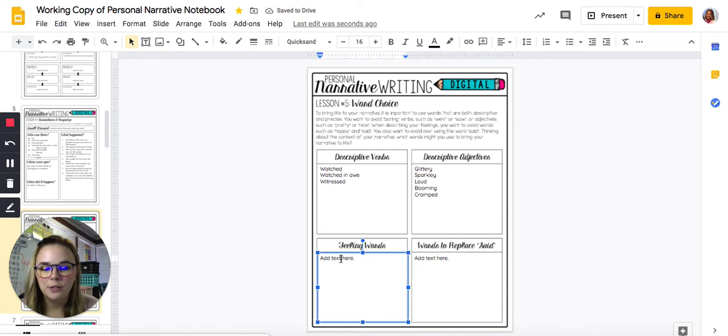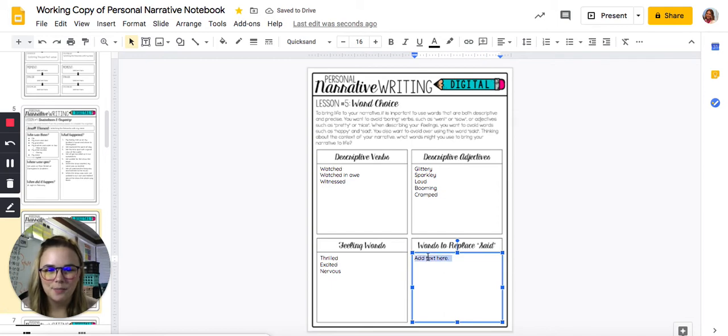And some feeling words. Some feeling words that I might use are something like thrilled, or excited, maybe even nervous. And some words to replace said.